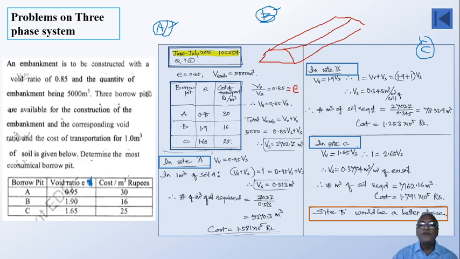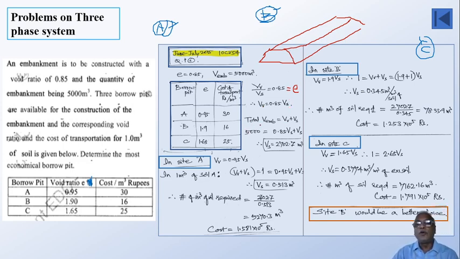So volume of voids will be equal to 0.85 Vs, because Vv divided by Vs is 0.85. Volume of voids is equal to 0.85 Vs. This is given information.